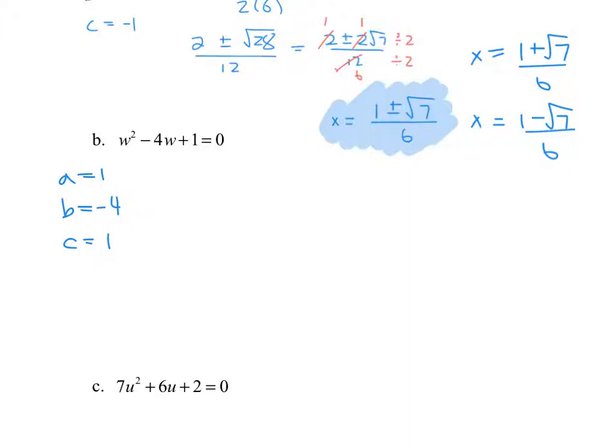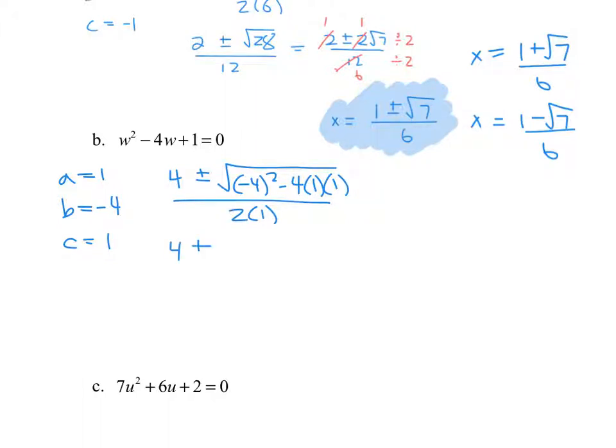So the opposite of b is going to be positive 4 plus or minus the square root of b squared, negative 4 squared, minus 4 times a, which is 1, times c, which is 1, all over 2a. And so we get 4 plus or minus the square root. Inside that radical, we're going to get positive 16 minus 4, which is 12 over 2.